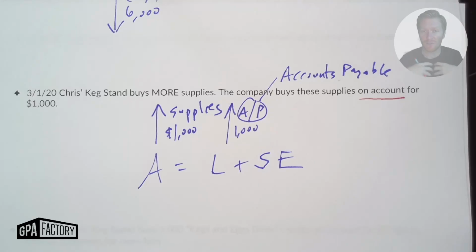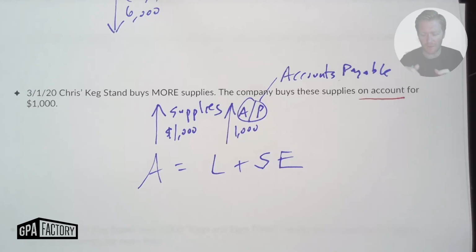So from the company's perspective, we are going to receive that money in the future. You still see the words on account, but that's now from the customer's perspective. They are the ones that purchased on account. So that would create an accounts receivable for us, the company.